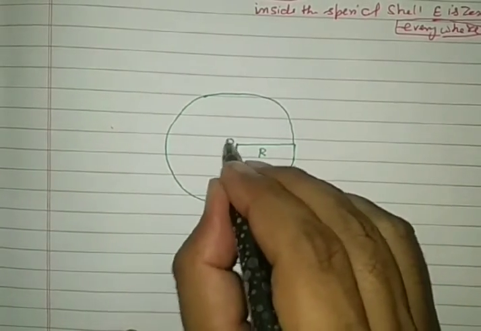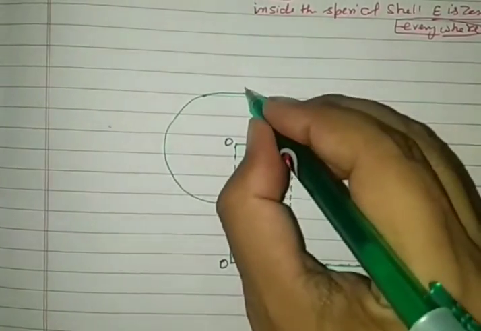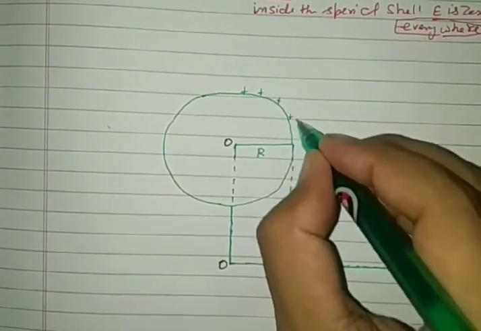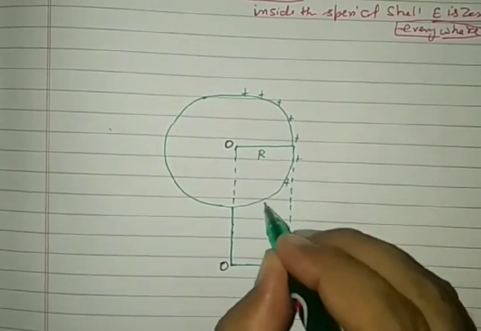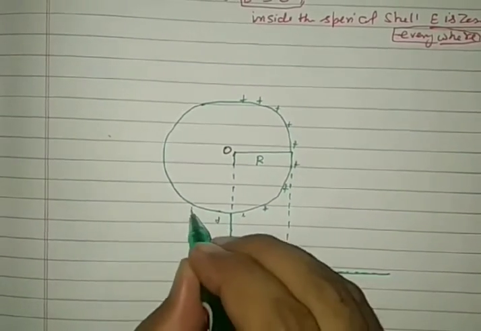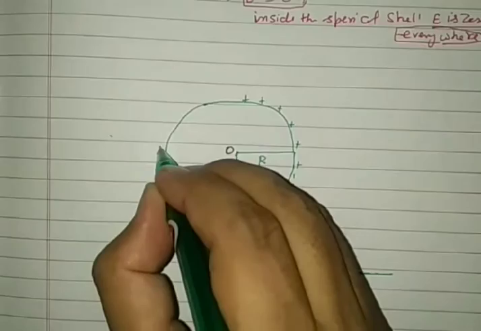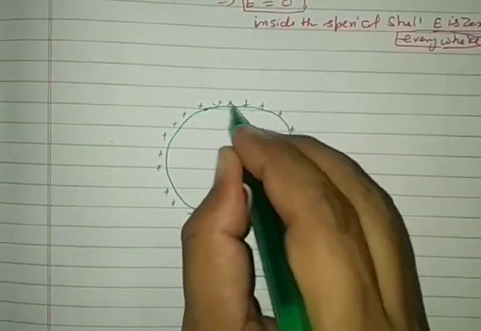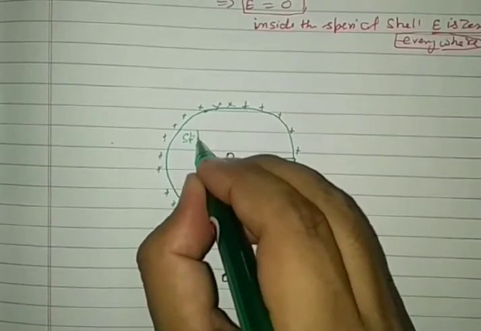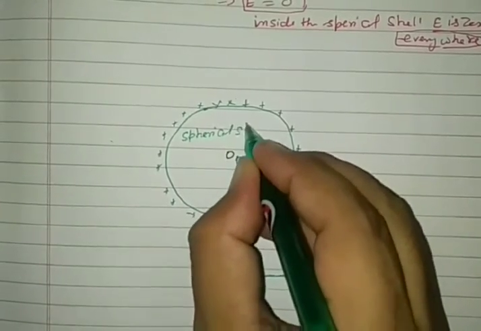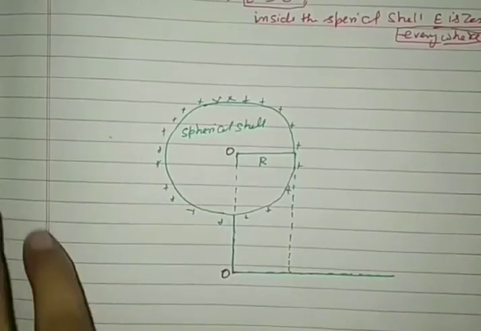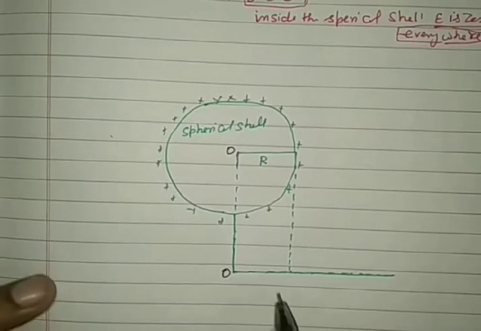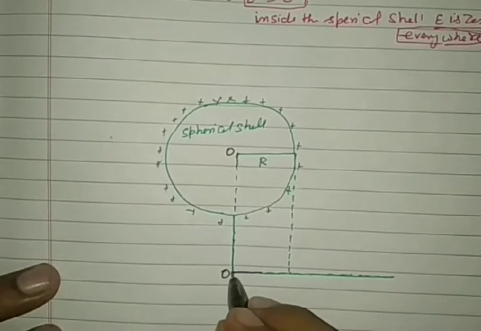This is the center of the spherical shell, where on all sides positive charge is uniformly distributed around it. So remember, inside the spherical shell, electric field is 0.